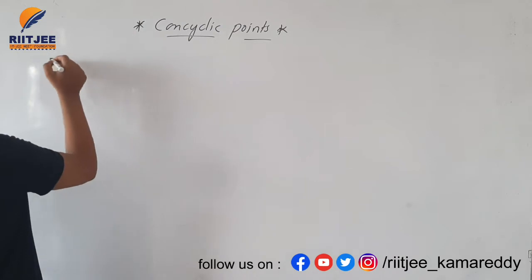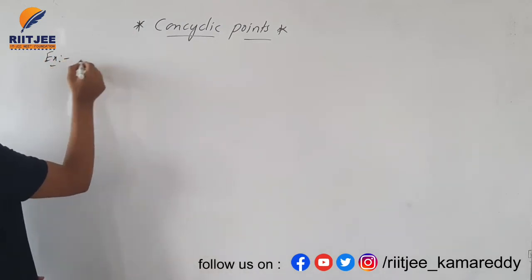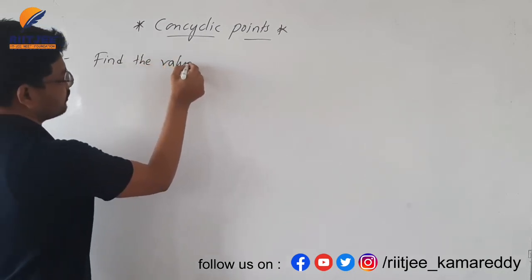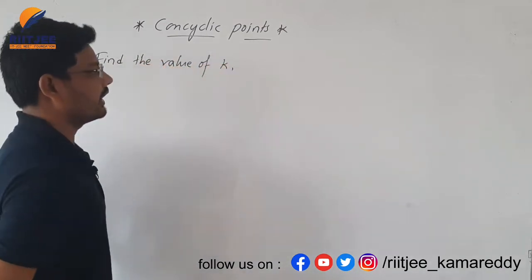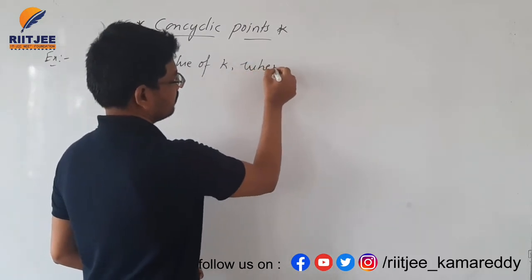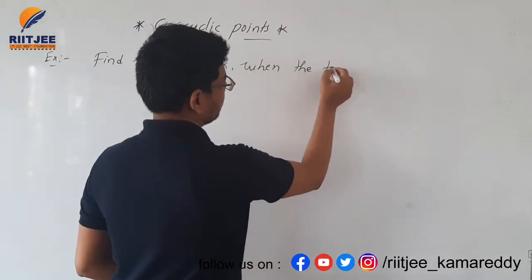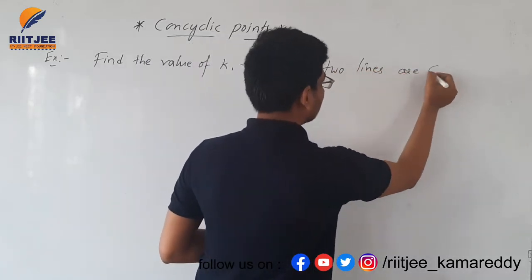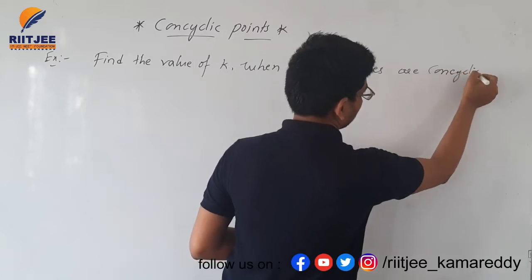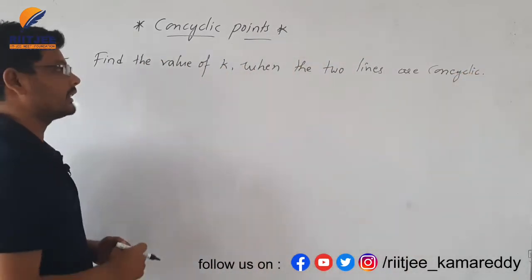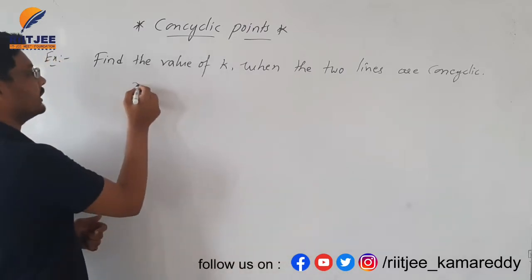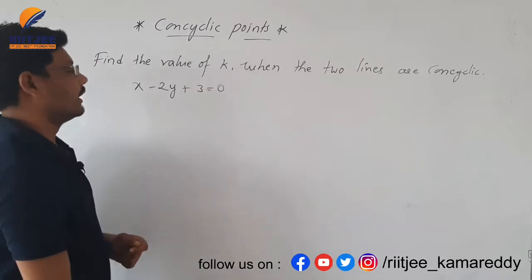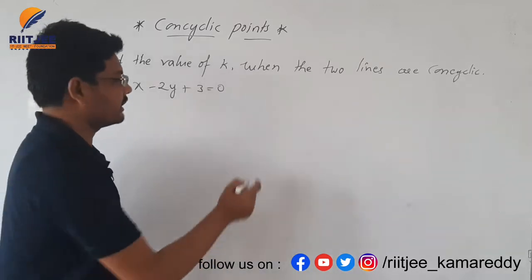Find the value of k when the two lines are concyclic, and the two lines are x minus 2y plus 3 is equal to 0 and 3x plus ky plus 7 is equal to 0.